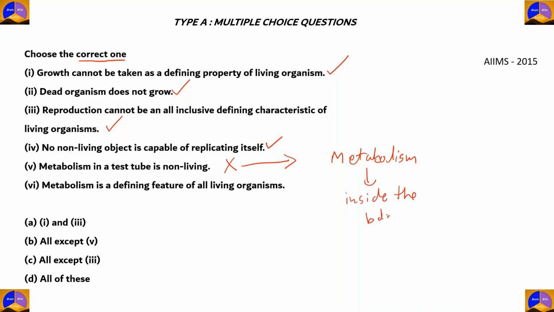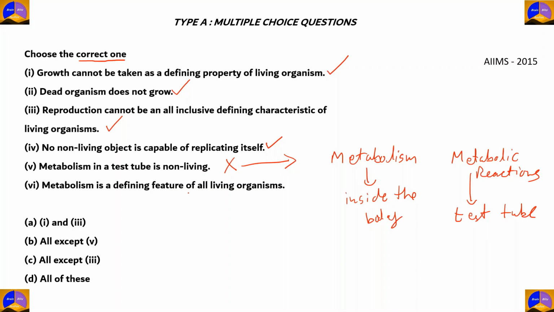The term is specific for reactions inside the body. Now, metabolic reactions are the reactions which are found in a test tube, which are similar to the ones being undertaken in a body. So the fifth statement is incorrect.